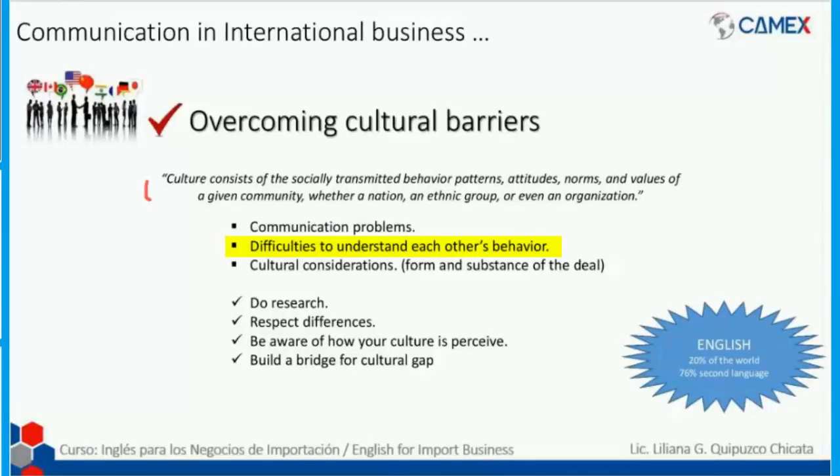Also, hierarchy. For example, I was talking to a Japanese guy. I was doing business. He was very strange because he didn't understand why the owner of the company had all his family working with him as managers.